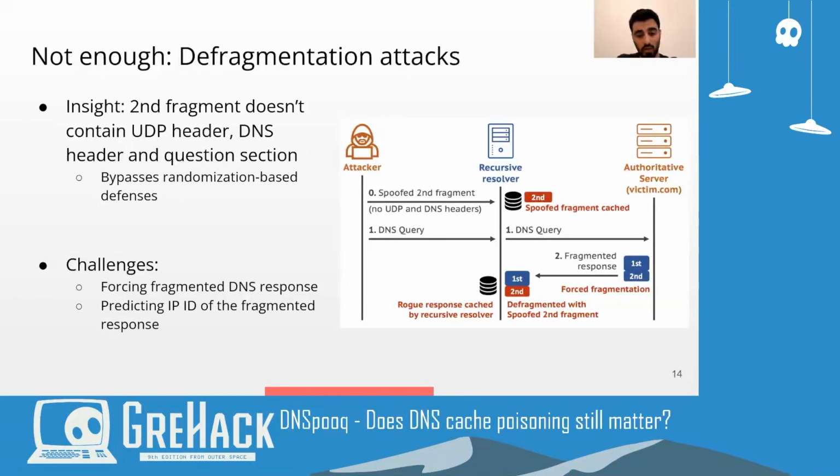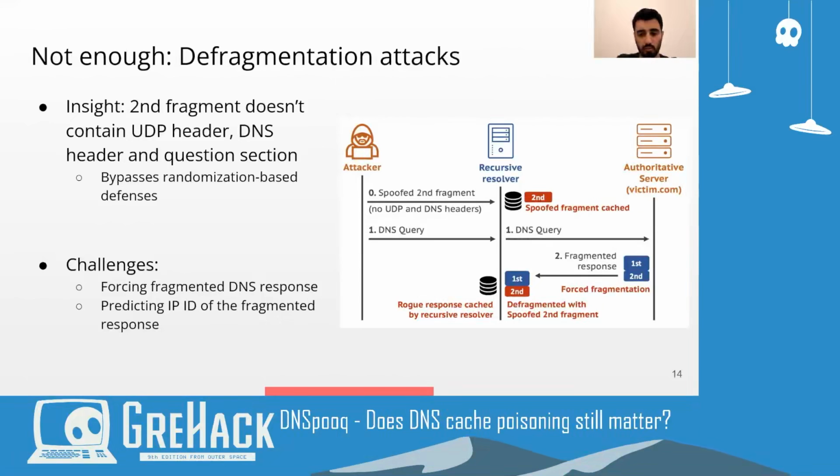There are two challenges with implementing this attack. The first challenge is forcing a fragmented DNS response. This is not as easy as it might seem. There are two techniques to basically do this.